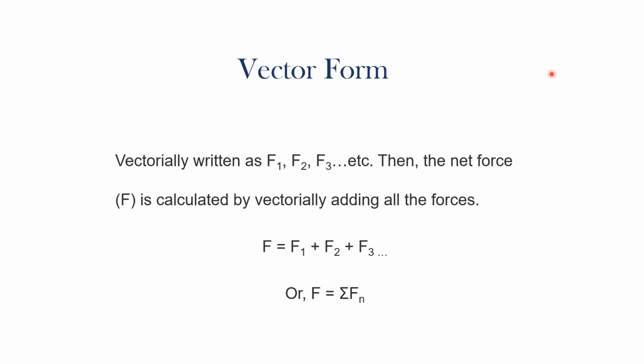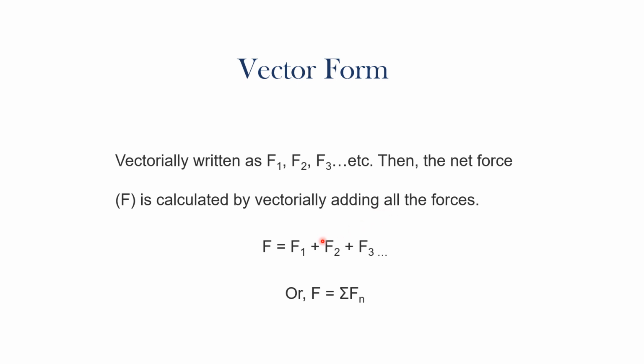Now moving on to vector form. The force equation is written in scalar form. However, force and acceleration are vector quantities. Suppose the object is subjected to many forces, vectorially written as F1, F2, F3, etc. Then the net force is calculated by vectorially adding all the forces.